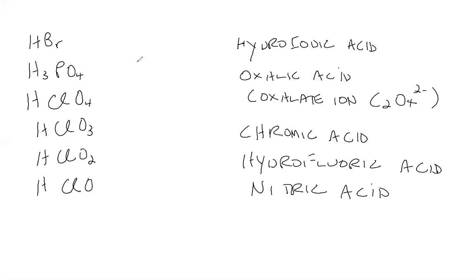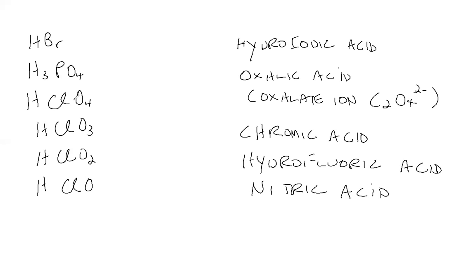Okay, so if you're back, we look at our first one, HBr. There's no oxygen, so we have a non-oxy acid. It starts with hydro. So this is hydrobromic acid. Here, H3PO4, we have oxygen, we have a polyatomic ion. This ion, PO4 3-, is the phosphate ion, so this is phosphoric acid. Here, we've got ClO4.